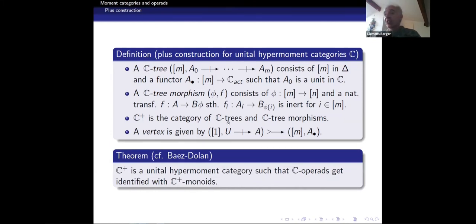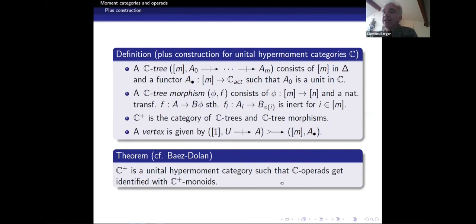And the theorem, which is really inspired by Batanin-Dolan, is that, first of all, C plus is a unital hypermoment category. And even if you start with a moment category, C plus will not anymore be a moment category, but it's just a hypermoment category. And you get the identification of C operads with C plus monoids.